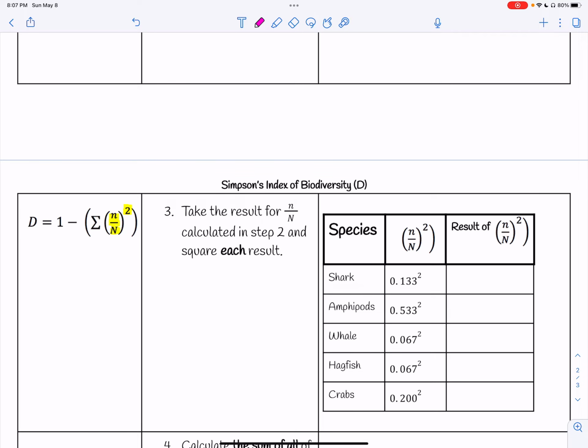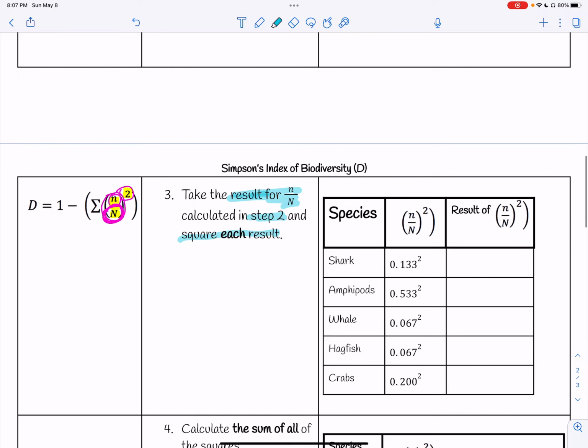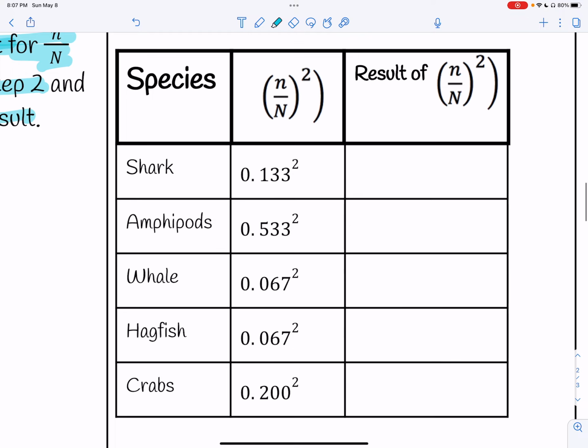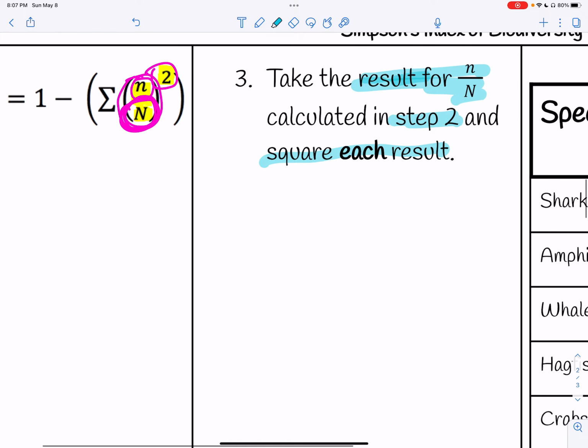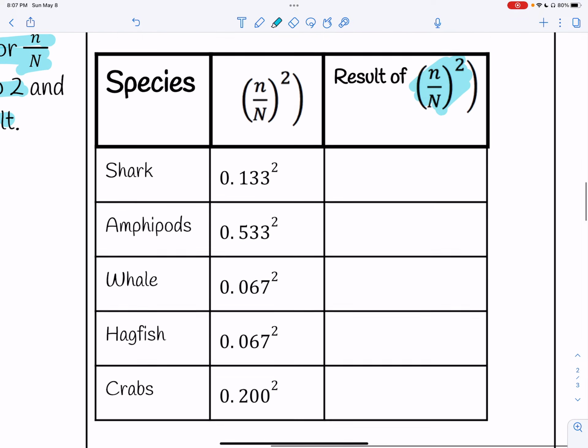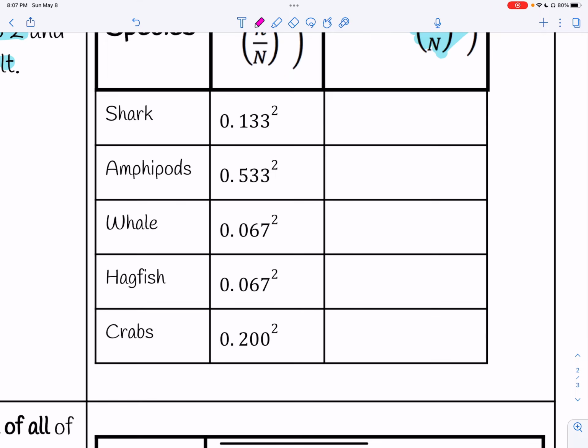All right, now we are going to be looking at the n over big N squared. So the amount in each species divided by all of the organisms in that community, and then we're going to square it. So take the result from little n over big N from step 2 and then square each result. So there's that result we're looking for. 0.133 squared is 0.018.